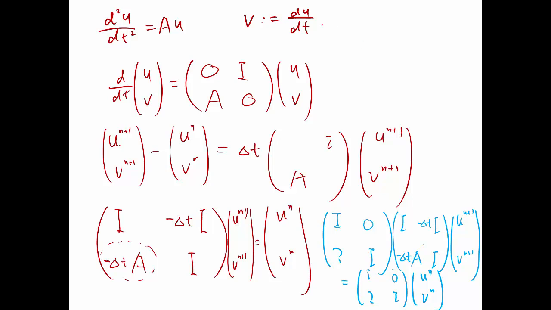Somebody said it. Sorry, I didn't. Question mark equal to delta t A, right? Good point. So this is basically Gauss elimination for 2 by 2 matrix. And if I plug in the question mark equal to delta t times A, you're going to find out that we end up solving an upper diagonal block matrix.